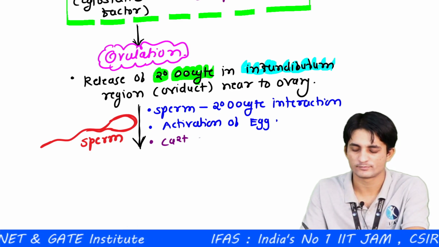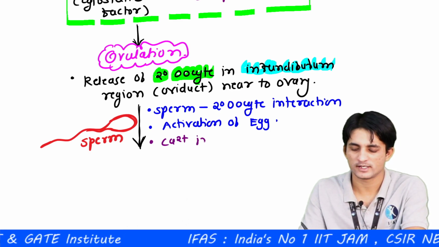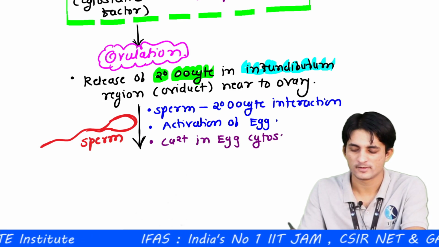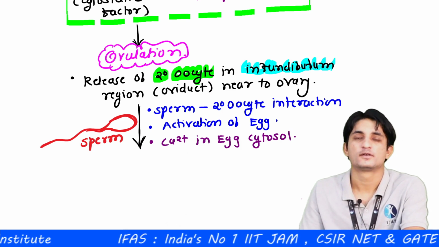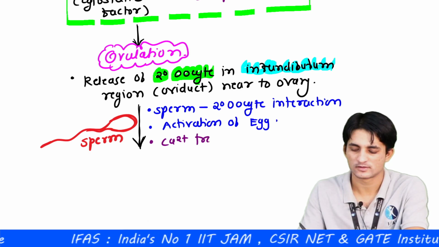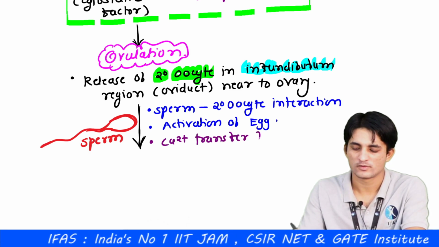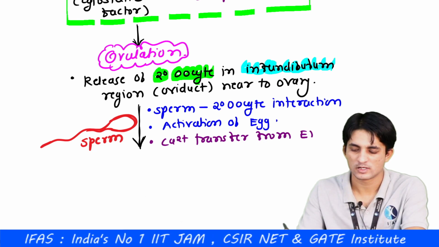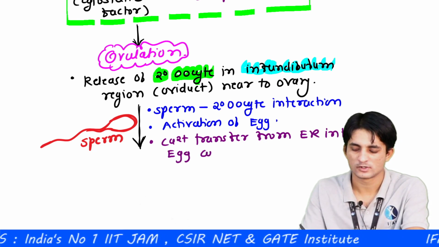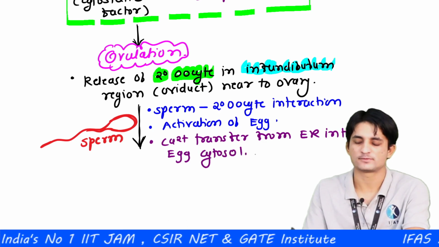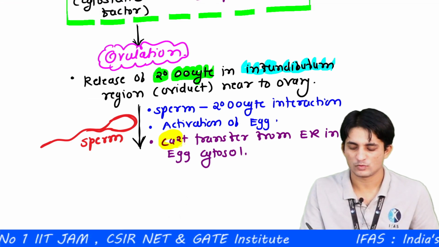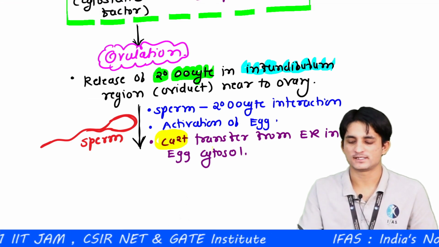So calcium is transferred from the ER into the egg cytosol, and as calcium is transferred, now calcium is in the cytosol.